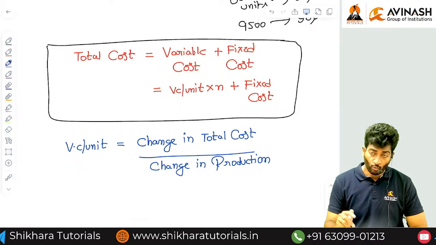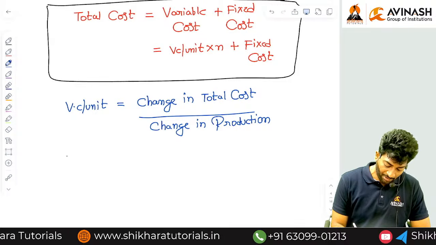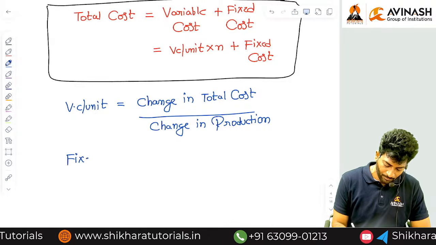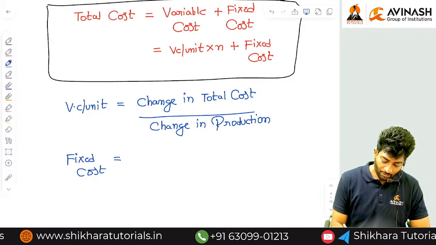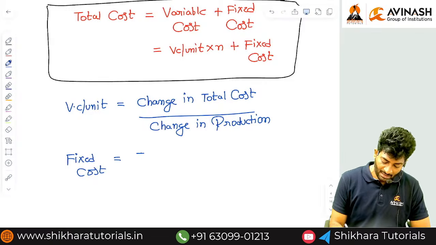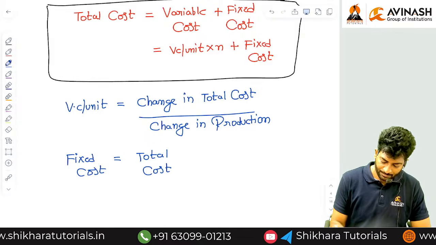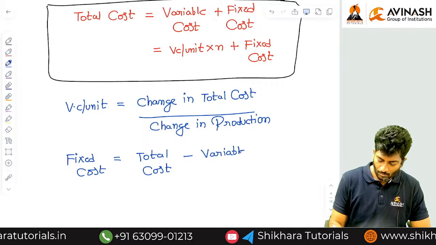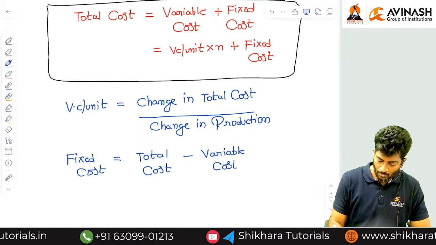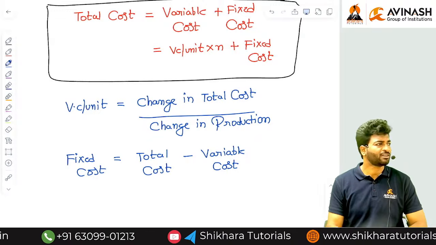Clear? Once after finding variable cost per unit, then I'm going to find fixed cost. We have that equation in the box, right? So from that, if you want fixed cost, can I say fixed cost equals total cost minus variable cost? Just simply interchanging the equation.